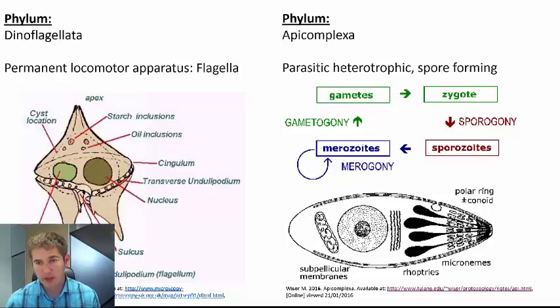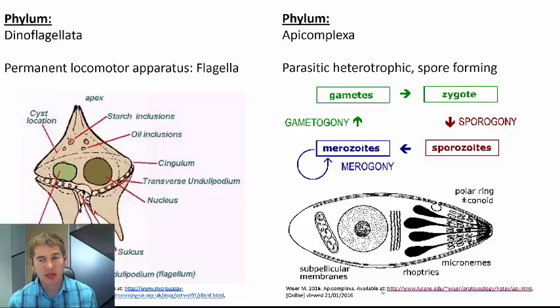And then we have the gametes, which is the unfertilized egg or sperm, and then forming a zygote, which is like a fertilized egg, and then this forms a sporozoite, which might get infected into a person, and that further develops to form the adult stage called a merozoite, and then that produces further gametes which infects the mosquito.